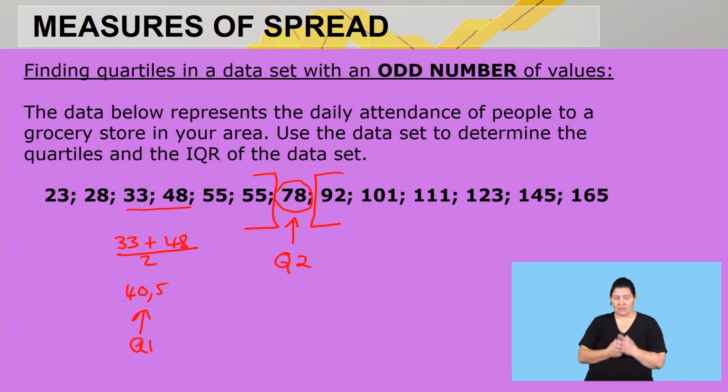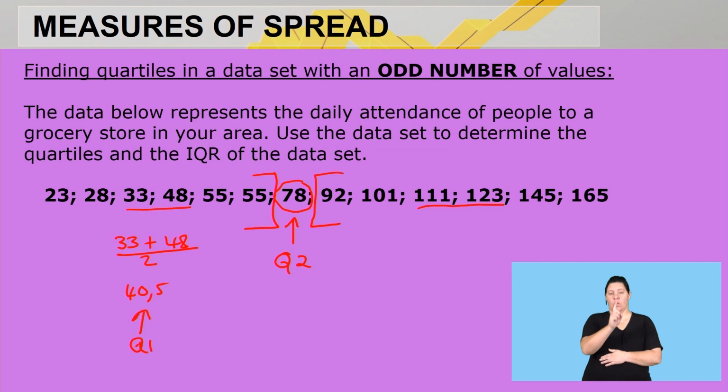What I did on the left-hand side of my median, I'll also do on the right-hand side of my median. So now I'm going to take the 6 numbers on the right-hand side of my median, and I do exactly the same. Let's find the median of these numbers, starting at 92 all the way to 165. We agree that these 2 numbers will be exactly in the middle.